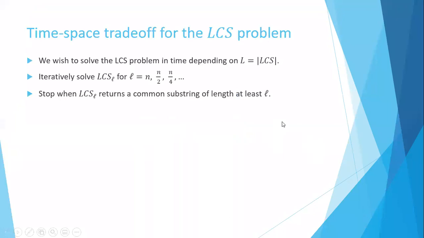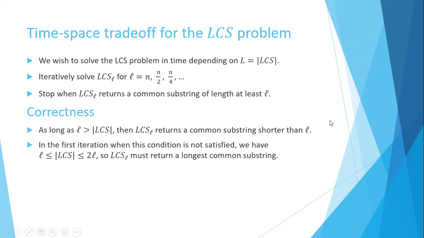For the main result, what we want to do is, we don't actually know the length of the LCS, so we would like to take some guesses. And we would like to run the LCS_L algorithm with exponentially decreasing guesses of L. So we start by going L equal to N, and then N over 2 and N over 4, etc. And the idea is that we stop when LCS_L returns a common substring of length at least L. So why does this work?